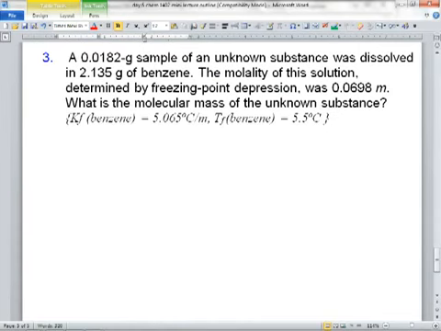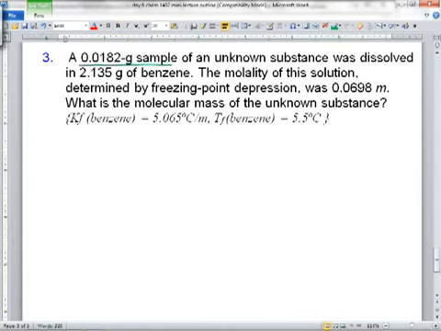Okay? Because this one's different. This one, I think, is the most difficult homework question you're going to come across with these colligative property problems. We have, let's start underlining stuff. We have a 0.0182 gram sample of an unknown substance.